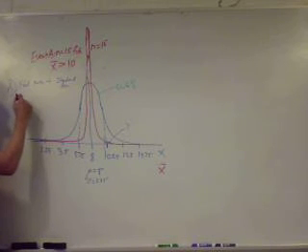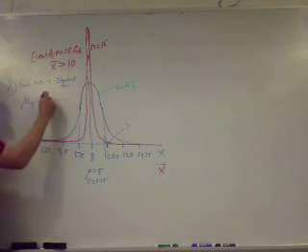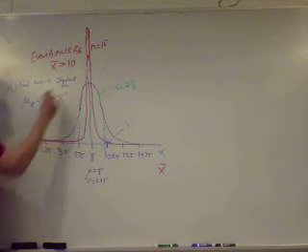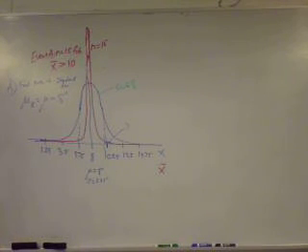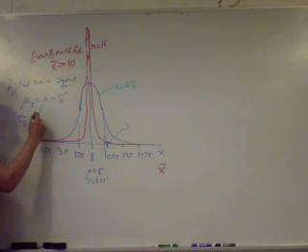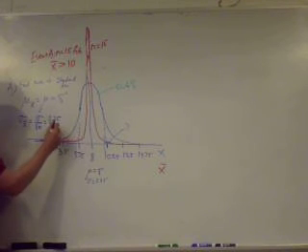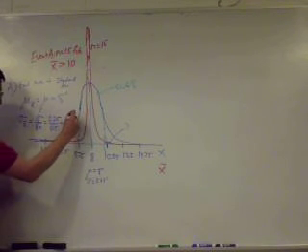Well, the mean is mu sub X bar. It stays the same. It's 8 inches. The standard deviation, however, shrinks. It becomes sigma over the square root of n, which is 2.25 over the square root of 15, which is about 0.4 inches.